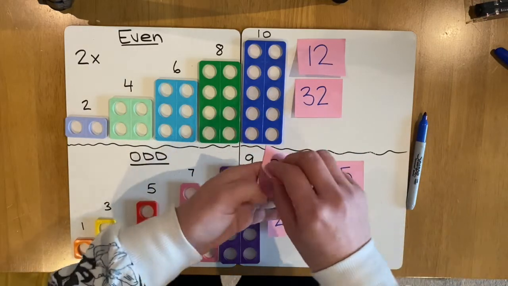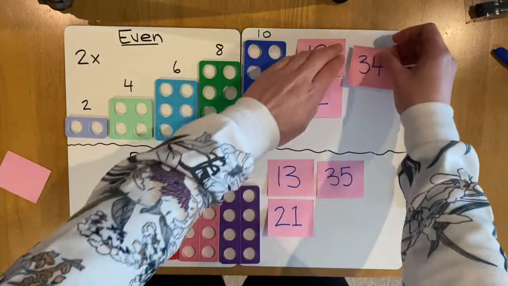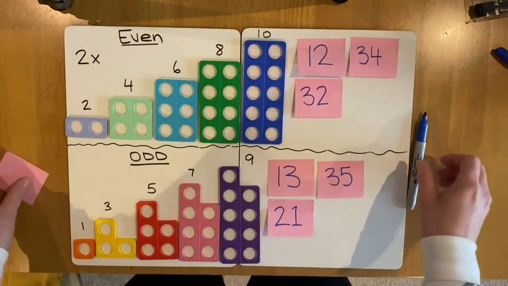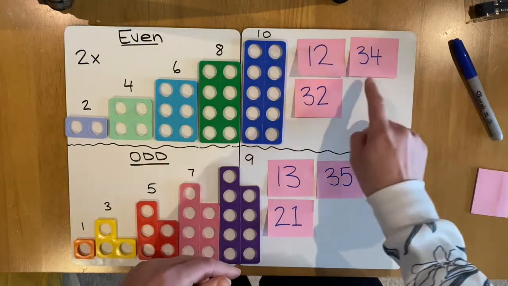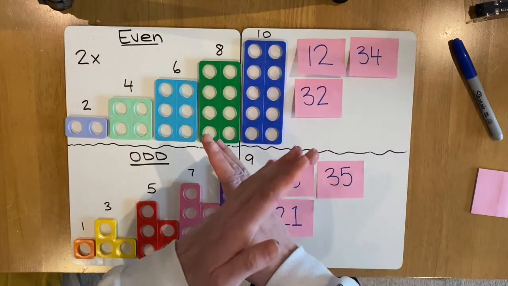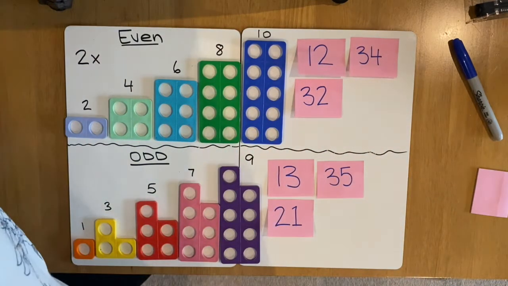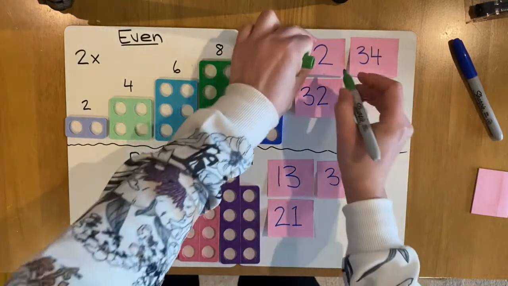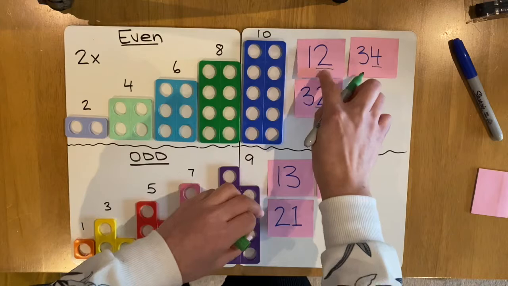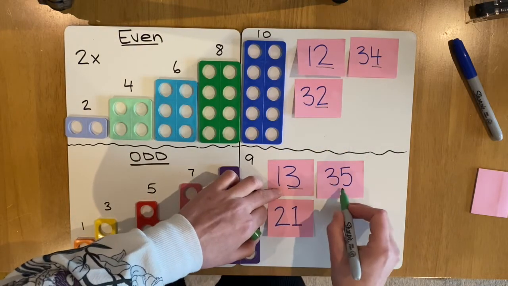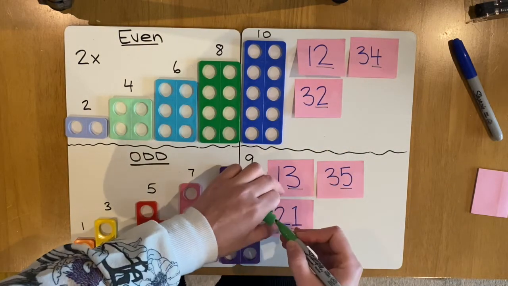So 34 is an even number. So we have discovered that you have to look at the ones column, not the tens column. I'm going to just underline these here. So these are even numbers and these are odd numbers.